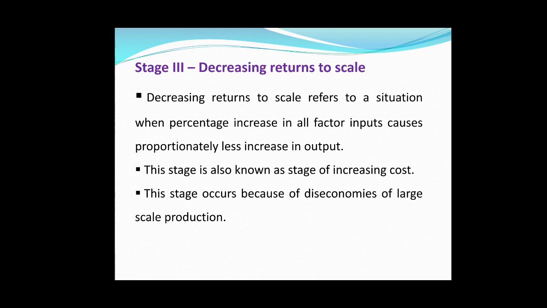And diseconomies of scale are due to increasing difficulties of management, coordination, and control with the expansion in scale and output. That is, when the firm has expanded to a much greater size, it is difficult to manage it with the same efficiency as previously.